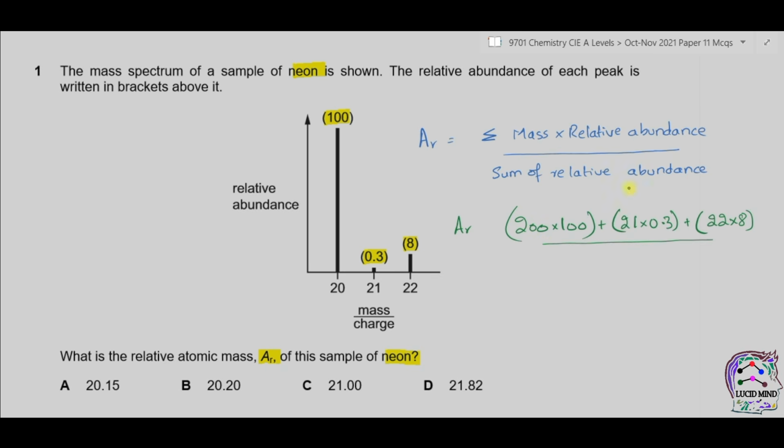Divided by the sum of relative abundance, we have 3 relative abundances, 100 plus 0.3 plus 8. By calculating, the value of relative atomic mass comes equal to 20.15. Correct answer is therefore A.